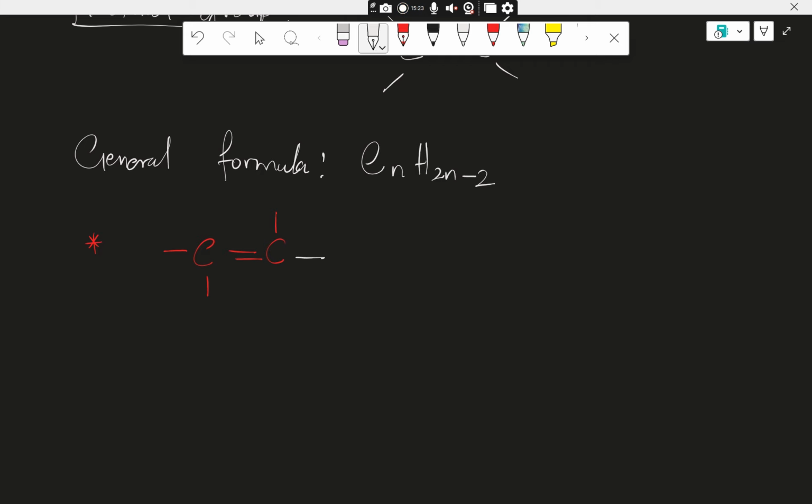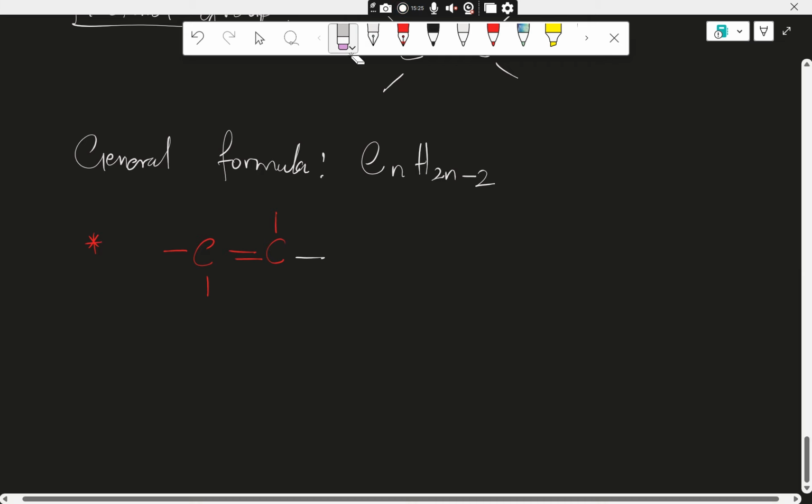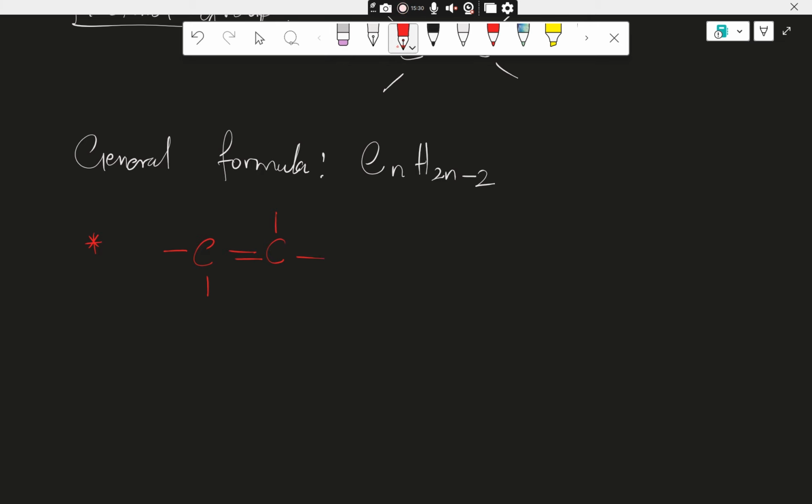Before I'm realizing something, so I don't wanna complicate this for you now. Let's just take it slowly, right? So you will have your H, H, H, right? 2 by 2, that's 4 minus 2. So that will give you 2. So that means that our general formula for alkenes is just CnH2n, right? So that's our general formula.